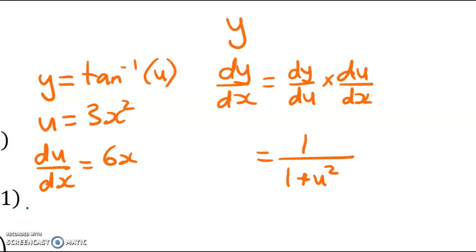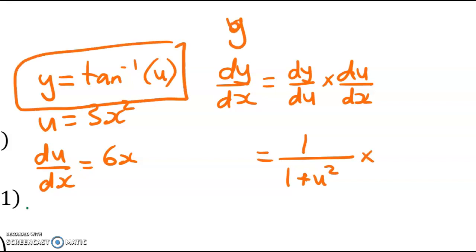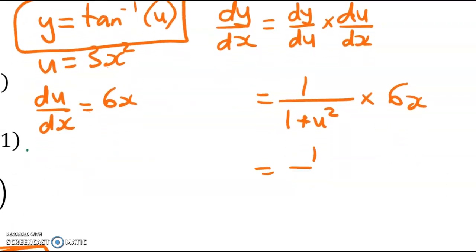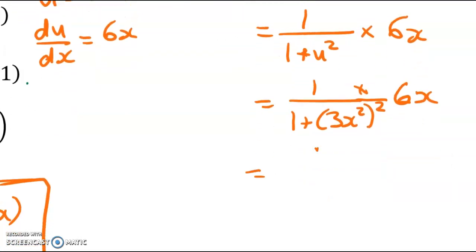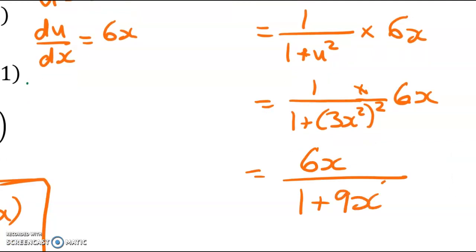Remember, here's y in terms of u, times 6x. Now we substitute that back in, and we get 1 plus 3x squared, all squared, times 6x. That gives me 6x over 1 plus 9x to the power of 4. So we've done that one using u equals.